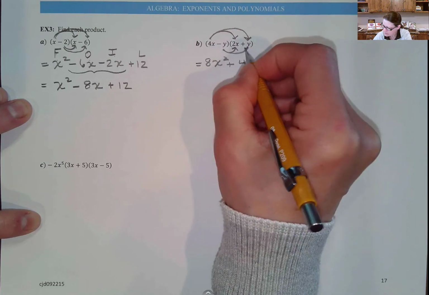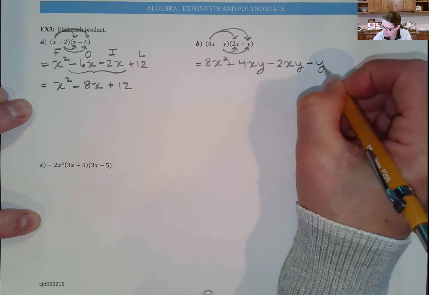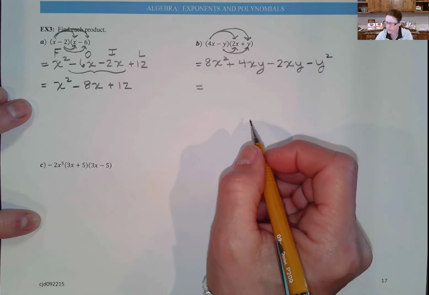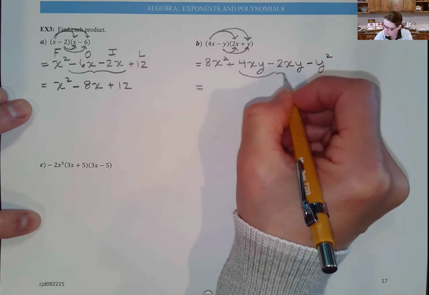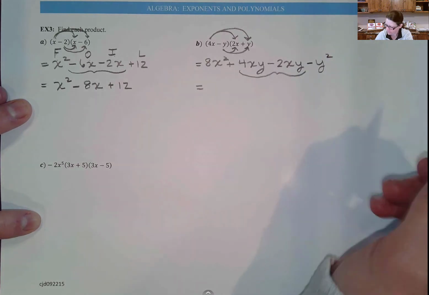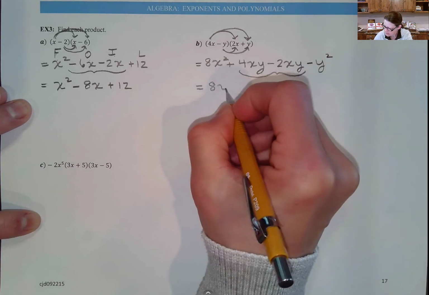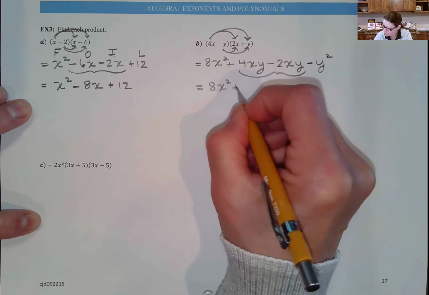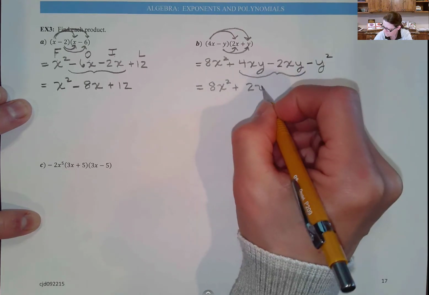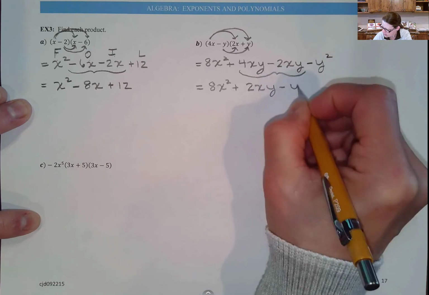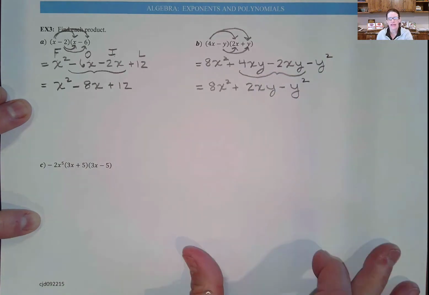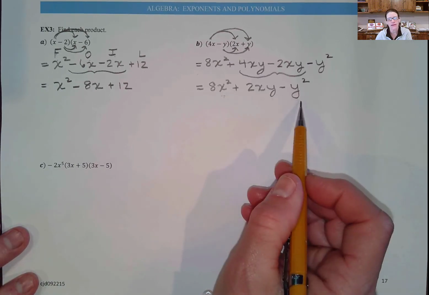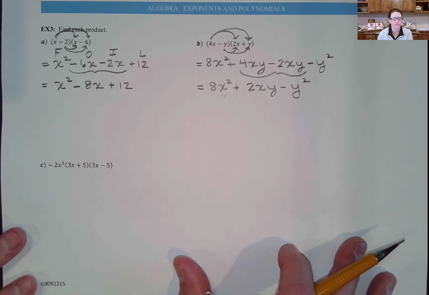And our last product, which is minus y squared. And oftentimes when you use the FOIL method and multiply binomials, you'll be able to combine your inner and outer products. Let's go ahead and do that now. 4xy minus 2xy is 2xy. And minus y squared hanging out at the end. And notice that we stopped there because none of these terms are alike and we cannot combine them.